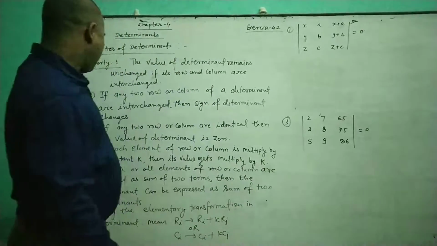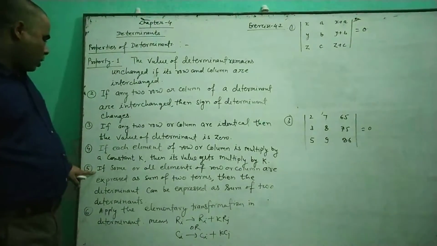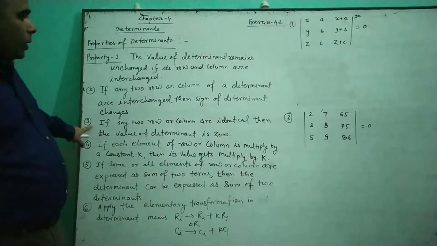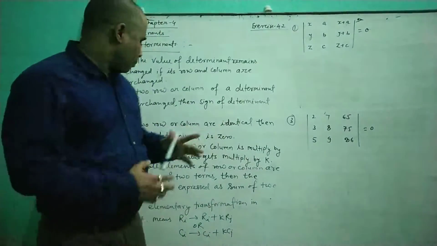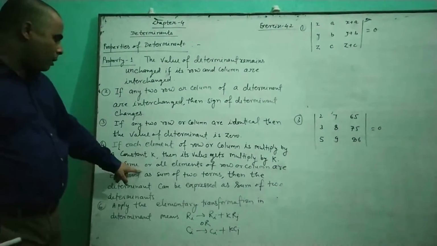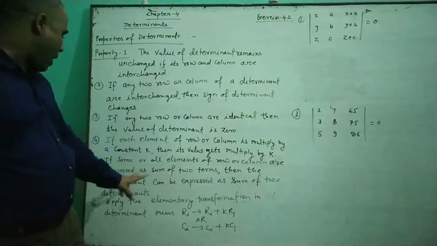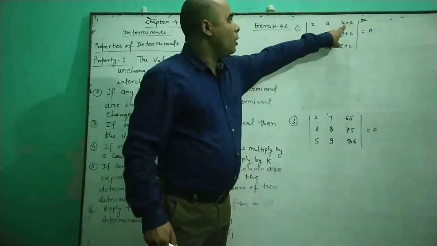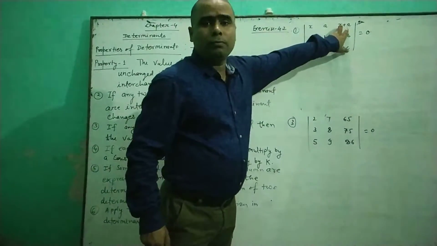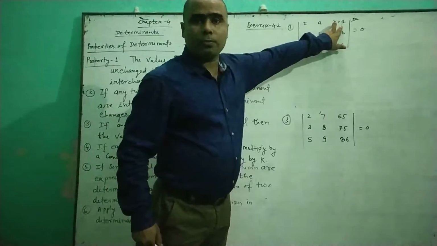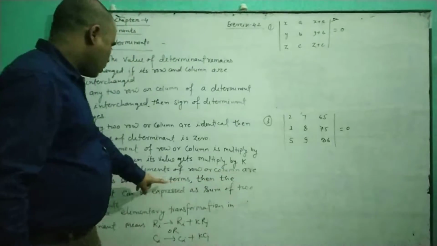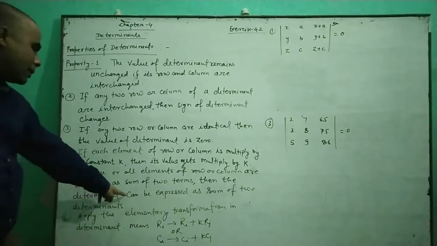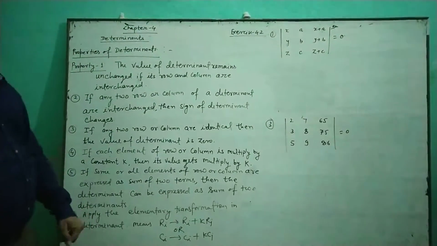Now, in property number 5, we have to discuss this in the question. Property 5: if some or all elements of a row or column are expressed as the sum of two terms, then the determinant can be expressed as the sum of two determinants.